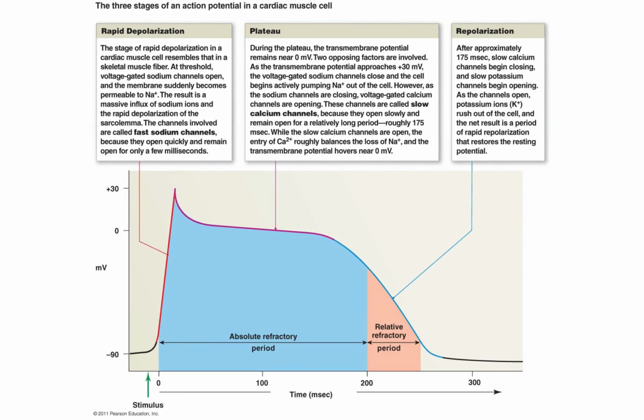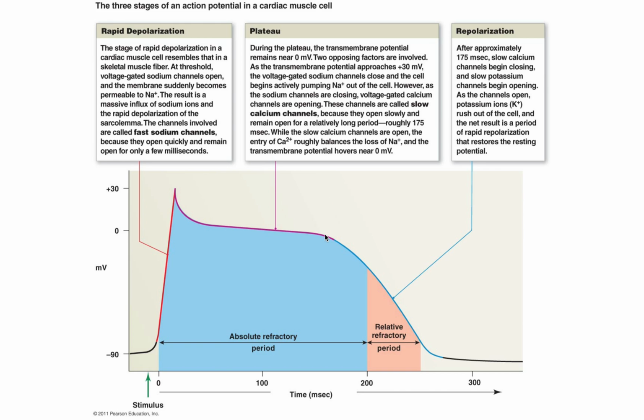Now this shows us the stages of action potential in a cardiac muscle. First, there's a rapid depolarization, and this is due to fast sodium channels. And then they have a plateau phase. We didn't see this in neurons or skeletal muscles, but in cardiac muscle we have this plateau phase.